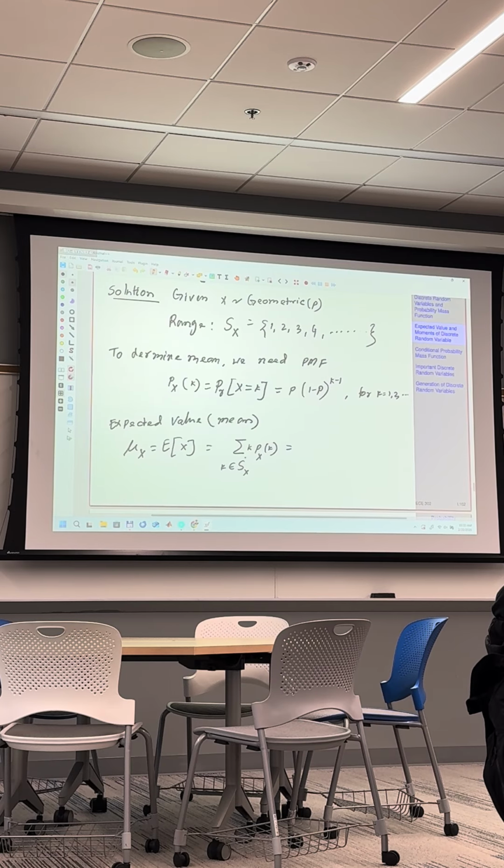And k starts from 1, 2, 3, 4, and so on. So you can write k equals 1 to infinity, k times p times (1 minus p) to the k minus 1.